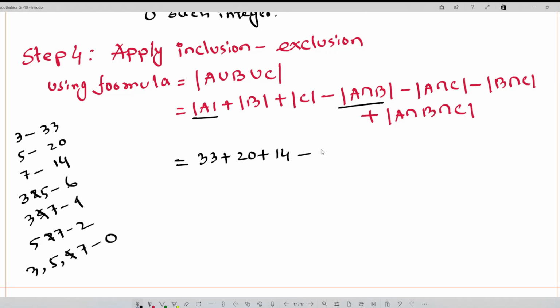So we can write here minus 6, minus 4, minus 2 and plus 0.